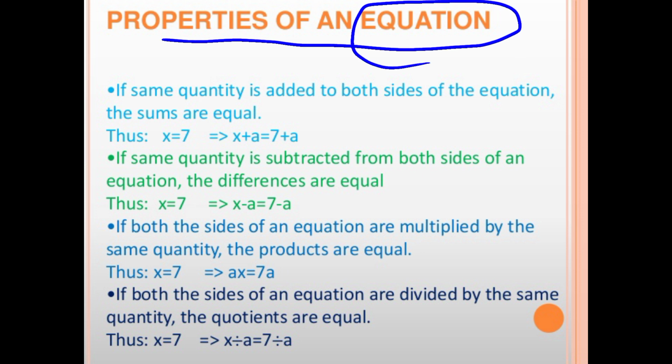See, you know that properties of an equation can be taken like this. Say, for example, this is an equation: x, this is a variable, x plus 3 is equal to 9. See, this is a linear equation in one variable, right?